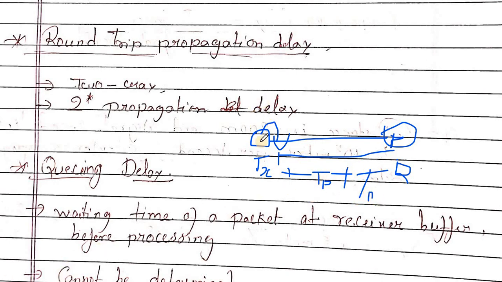First there is a transmission delay. After that there is one propagation delay, meaning the packet travels from the transmitter side to the receiver side, and then from the receiver side back to the transmitter side. 1 TP for sending and 1 TP for receiving, so there is 2 TP. If we ignore the transmission time, the round trip time is 2 TP.